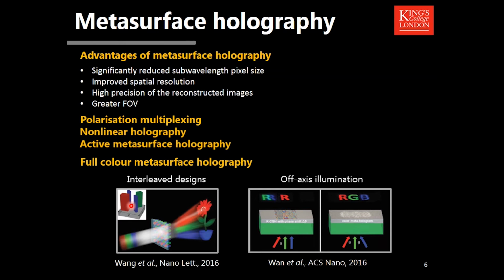This obviously degrades the image quality due to the increased pixel size. The second method is off-axis illumination, so it relies on singular subwavelength elements per unit cell, but an off-axis illumination for each of the RGB wavelengths, which is not very convenient for practical applications.